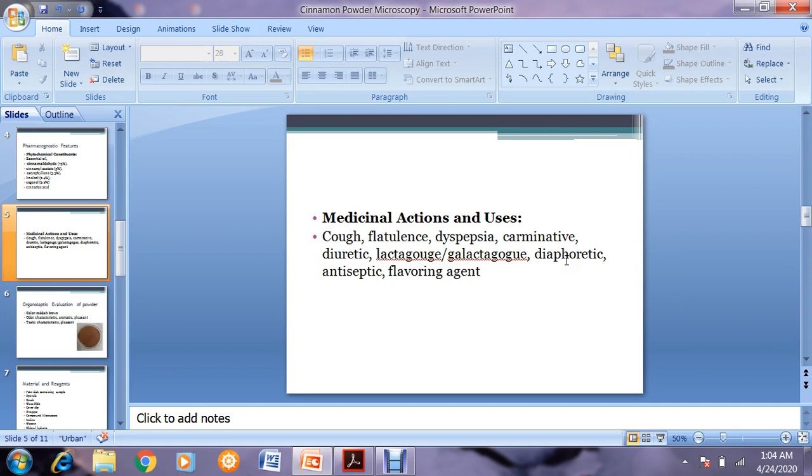Apart from all these uses, it is also used as an antiseptic, that is active against different microbial agents. And it is also used as a flavoring agent. As I told you before, cinnamon bark is widely used as a food condiment, not only in Asian cuisine but also in the Western world. It is also known that it may lower the blood glucose level.